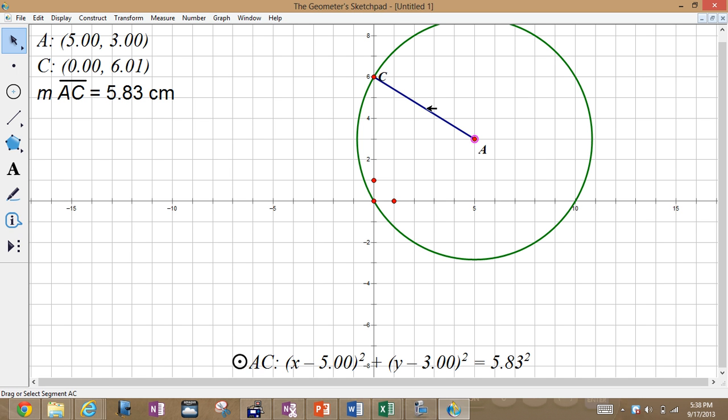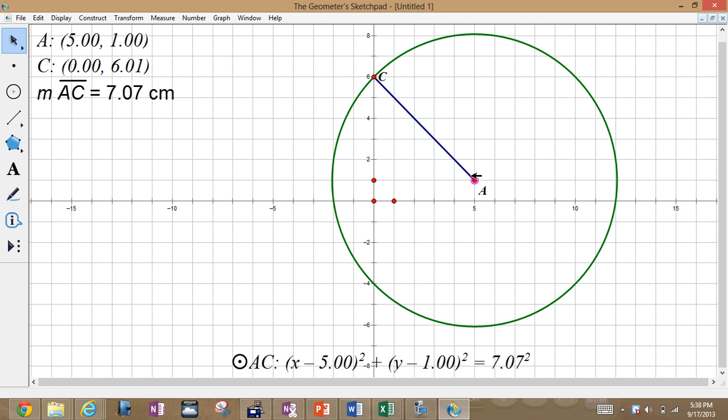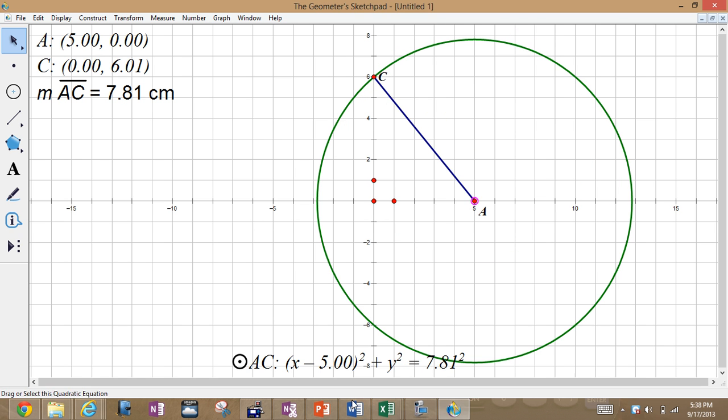And so that's kind of a demonstration. Again, if I move it down to here, notice that there's no y-coordinate in the center of the circle. Well, there is. It's 0. So seeing this equation, even without the graphics, just with the equation alone, you should be able to state that the center is at 5, 0, and the radius is 7.81.